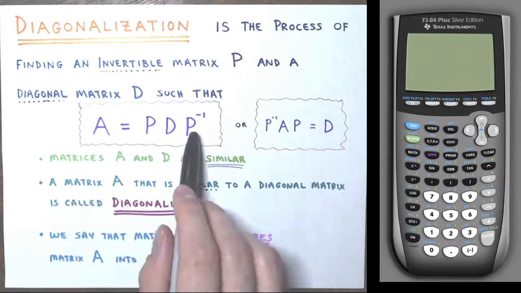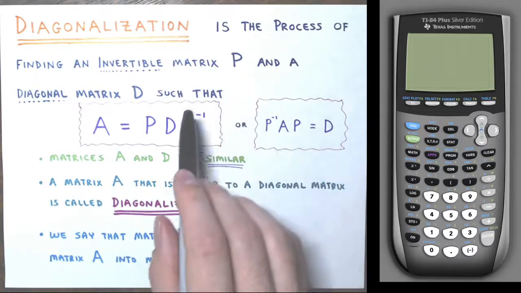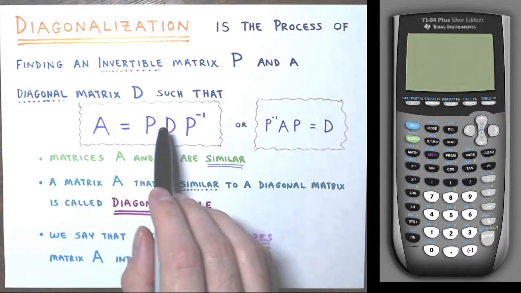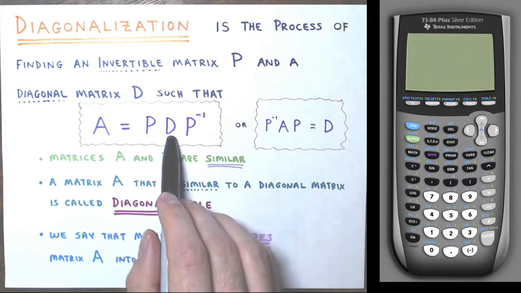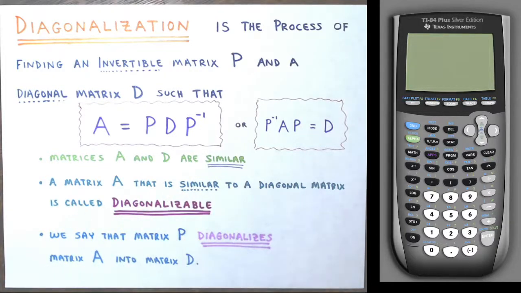Because if you can find this invertible matrix P such that this happens, that means that matrix A and matrix D, this diagonal matrix, are similar. I'll get into this in a future video.